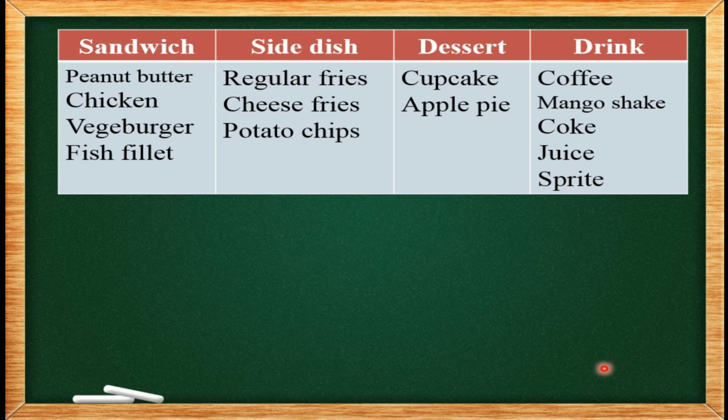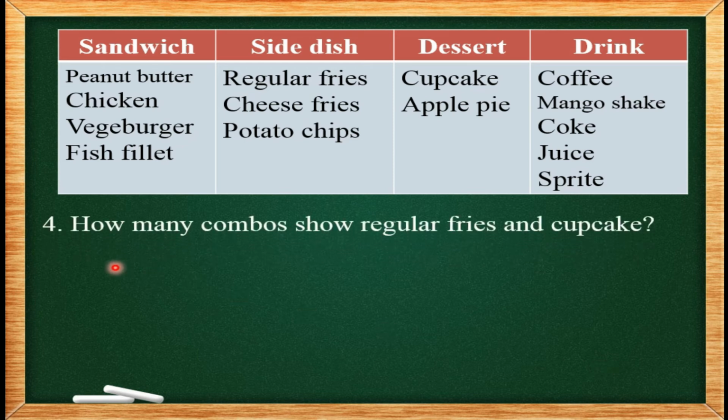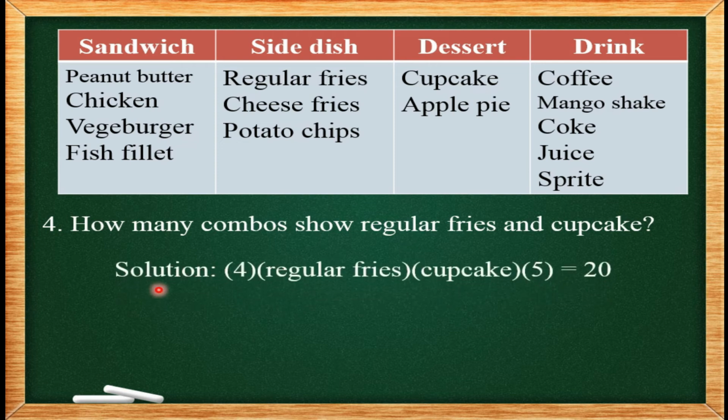Another question. How many combos show regular fries and cupcake? This time, your dessert is identified there, and your side dish is also identified. So, solution, you have 4 sandwich choices.